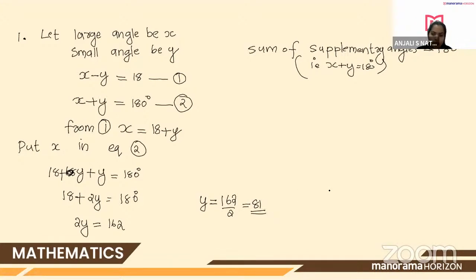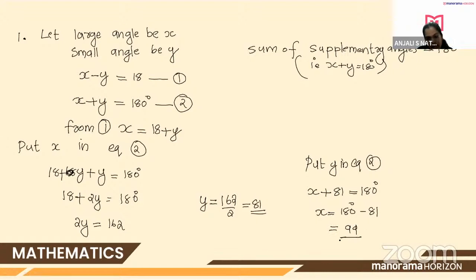Then we can put y in equation 2. That is x plus 81 is equal to 180, and x is equal to 180 minus 81. That is 99.